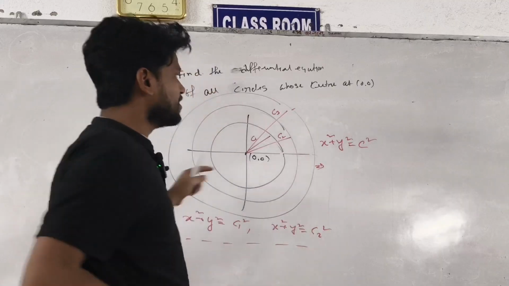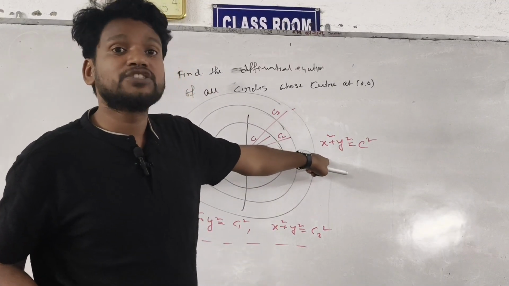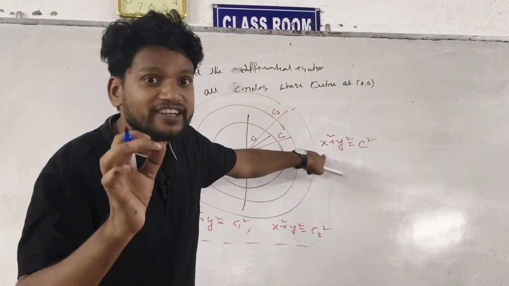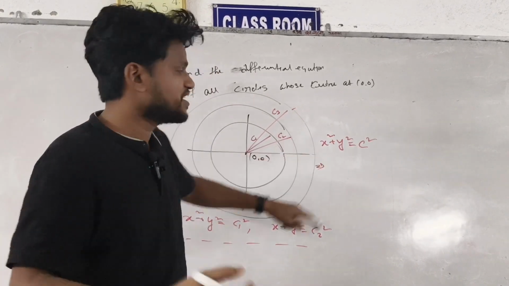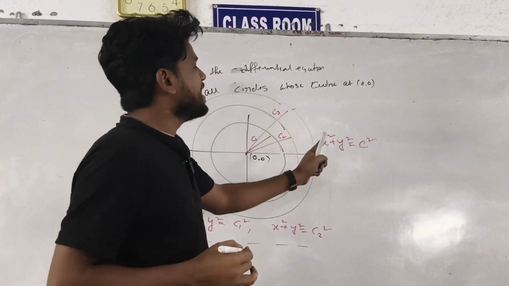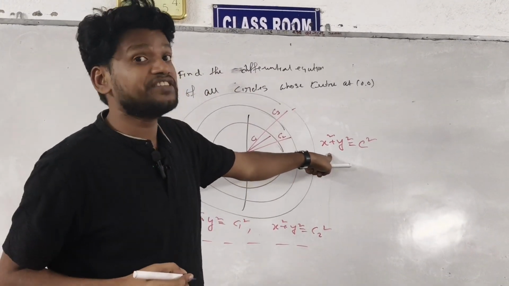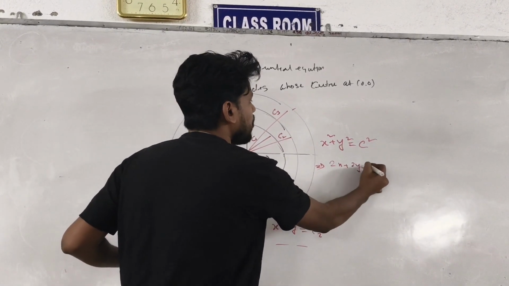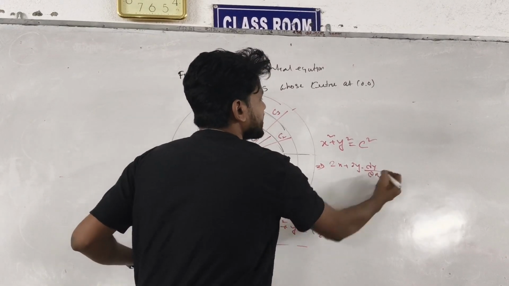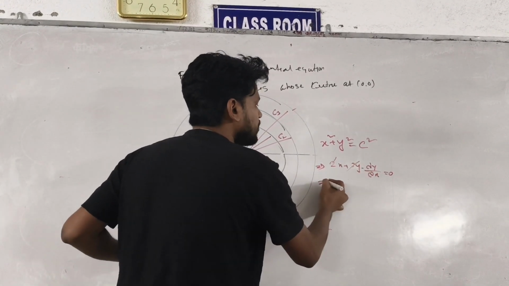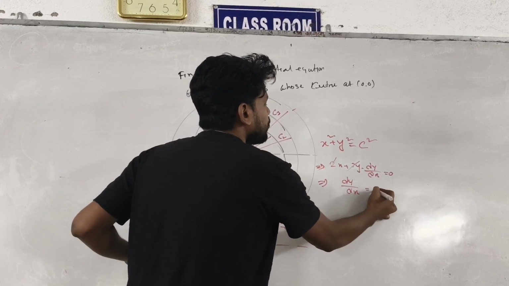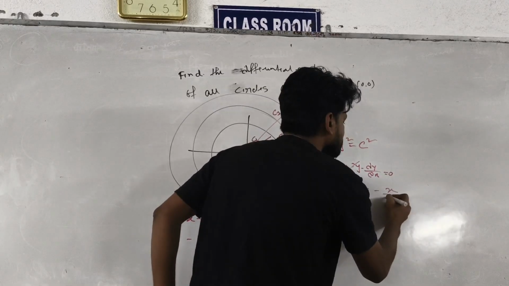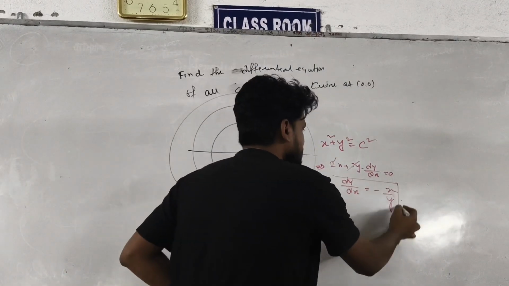So we have to differentiate this equation with respect to x, and c square is constant. This gives 2x plus 2y dy by dx equals 0. The 2s cancel out, so dy by dx equals minus x by y.